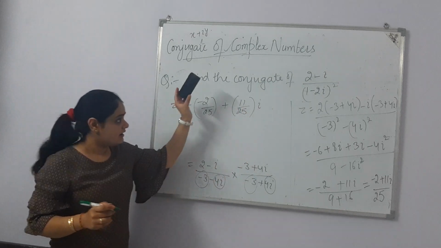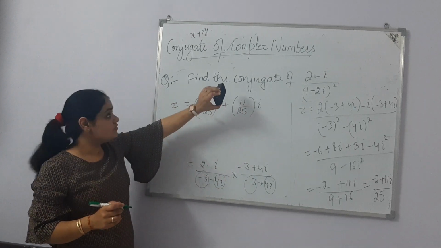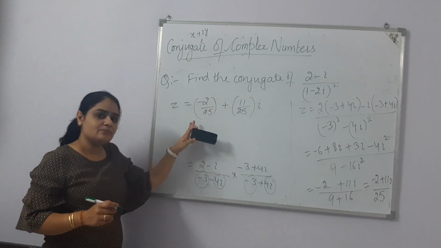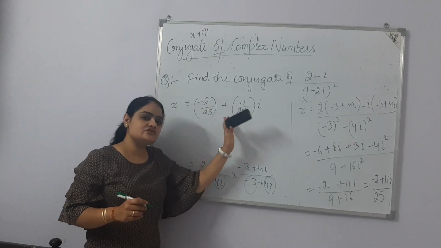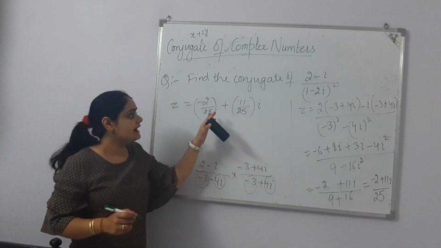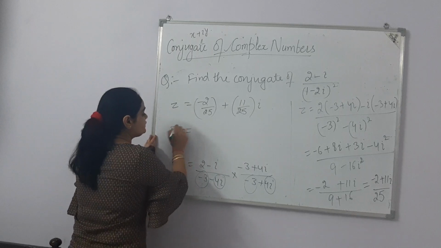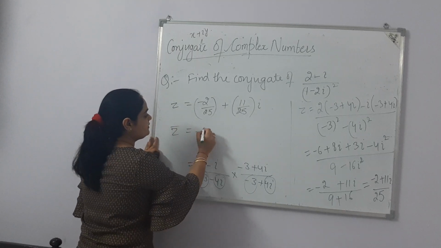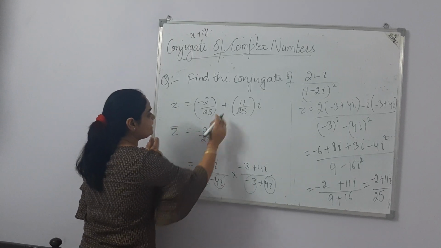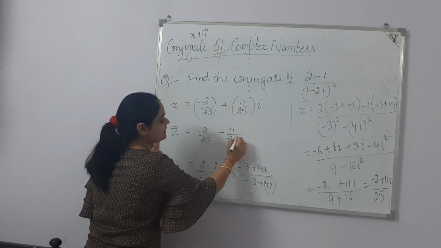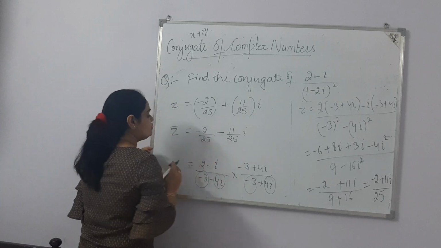In every question, if you want to find the conjugate of z, then please always change into standard form and then find its conjugate. So z's conjugate is minus 2 by 25, and in between the symbol will change. It becomes minus of 11 by 25 iota.